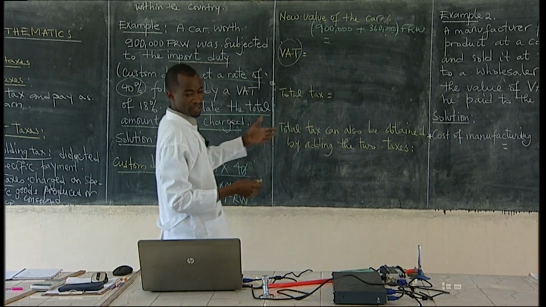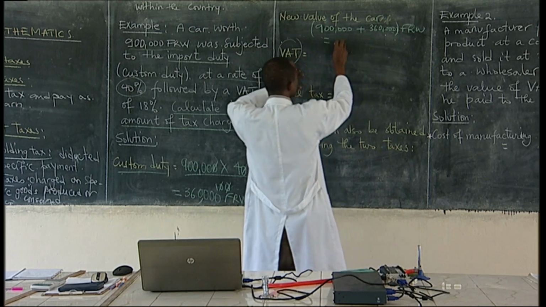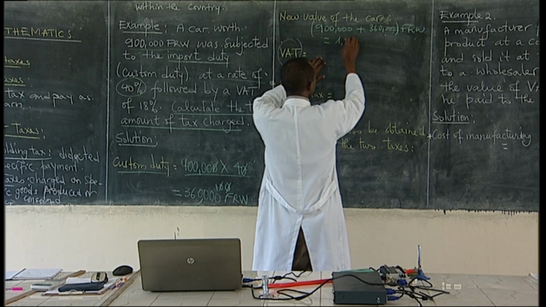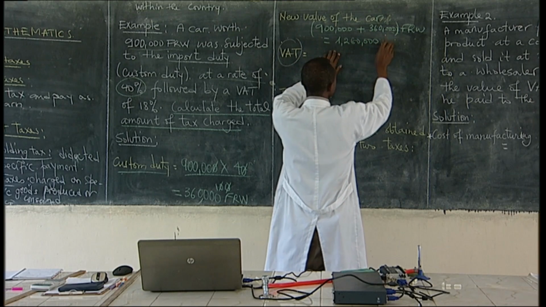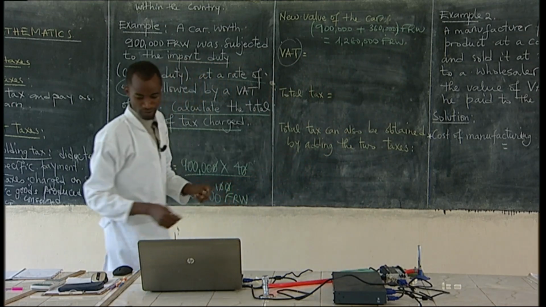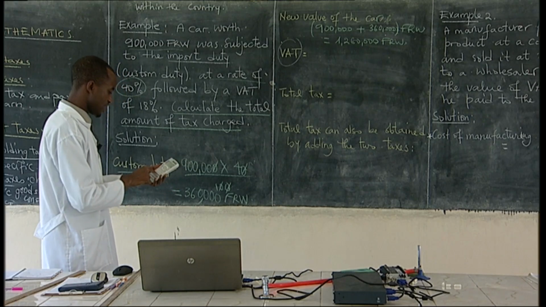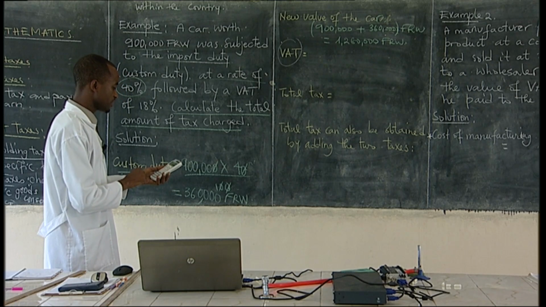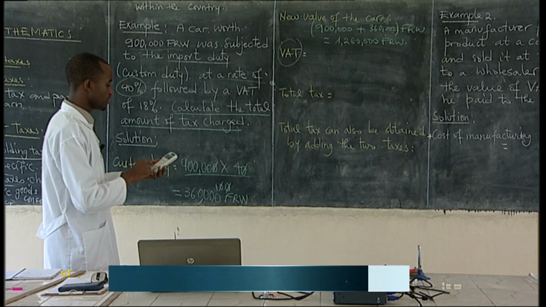You can use the calculator. That is 1,260,000 Rwanda francs, if I'm not mistaken. You can verify and figure out if you're right. That's 900,000 plus 360,000. You need to figure it out.